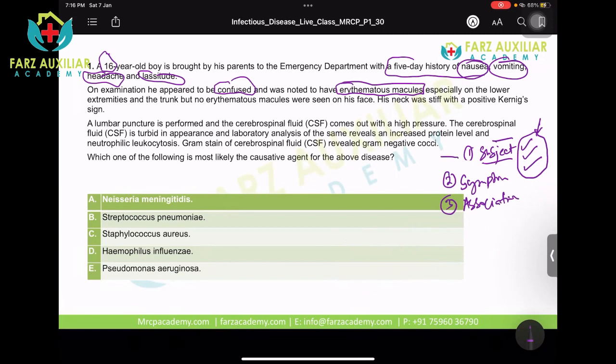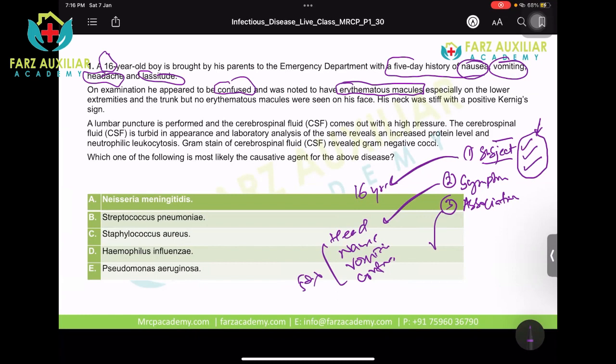We have a 16-year-old who has headache, nausea, vomiting, is confused, and all this is going on for 5 days. The association is erythematous macules. These are all giveaways.